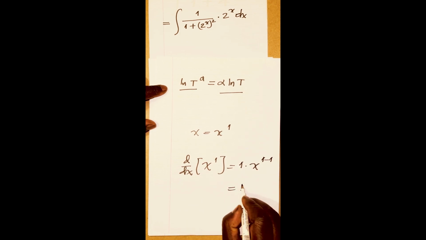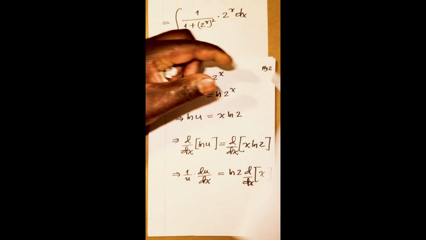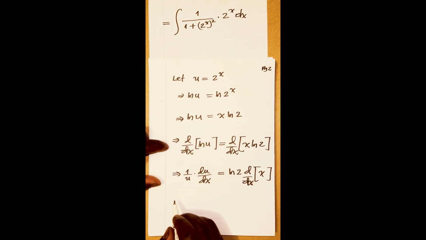And what is this? 1 times x power 0. This is 1 times 1, assuming x is not equal to 0. And what is our final answer? 1. So therefore, what we have on the right hand side now is going to be as follows. On the left, obviously, nothing changes.